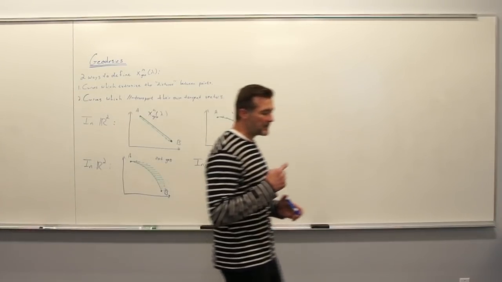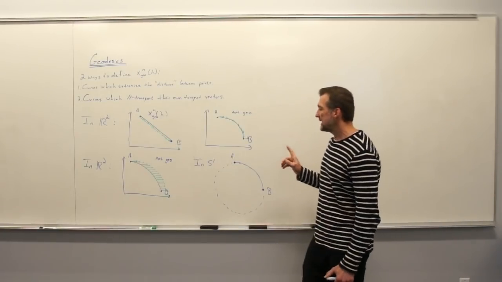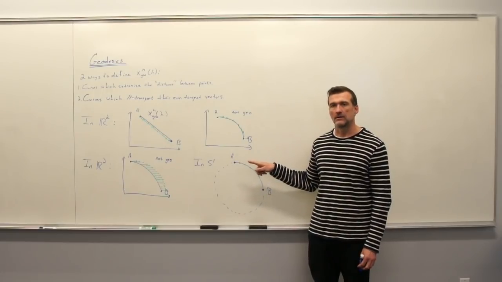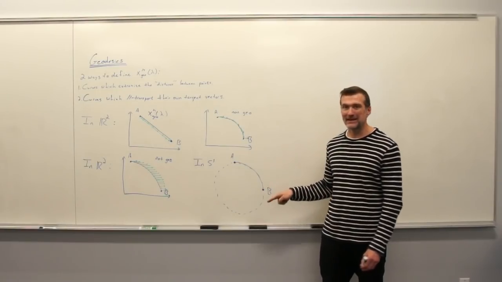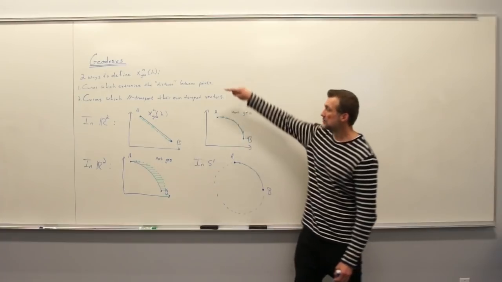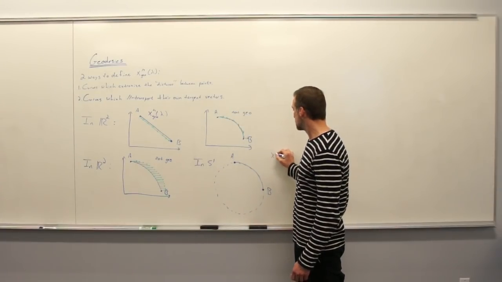So if instead of being in R2, which is the two-dimensional plane, I'm actually on the surface of a circle, well, first of all, the shortest distance between A and B on the surface of the circle is exactly this path. So by the first definition, this should be a geodesic, and in fact it is.